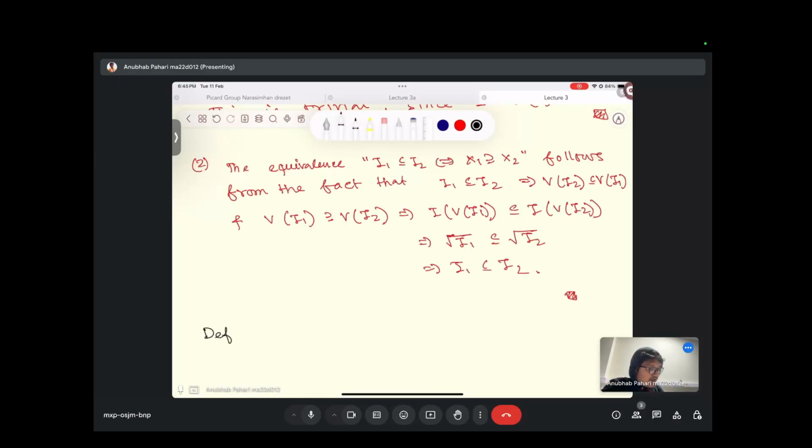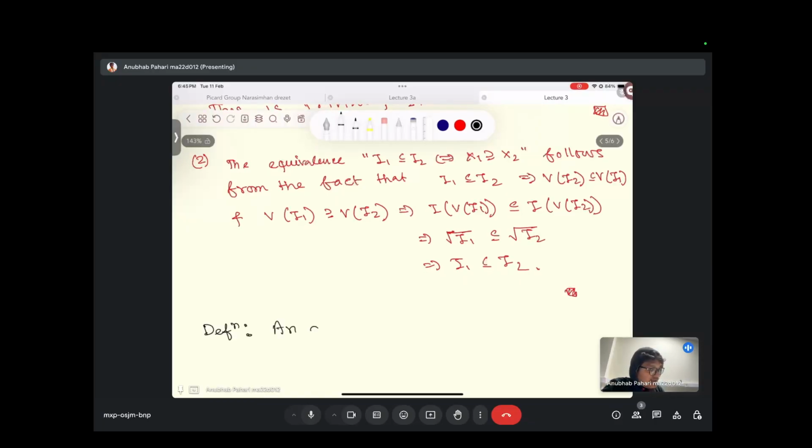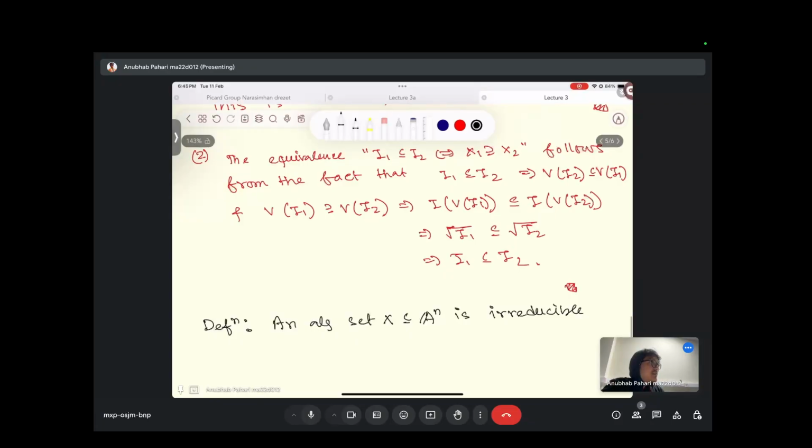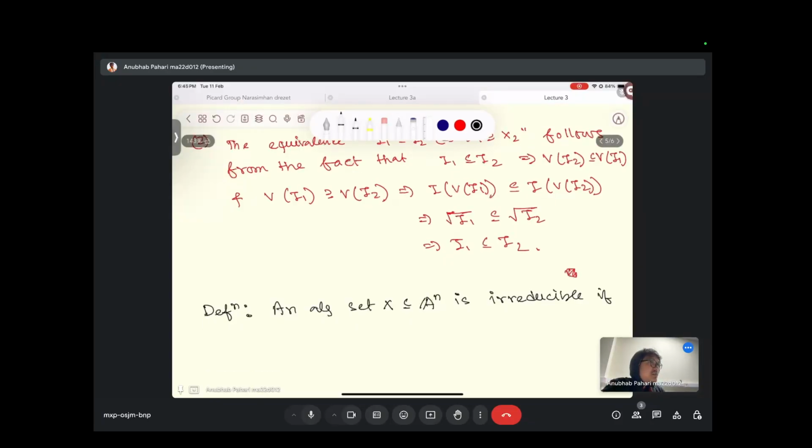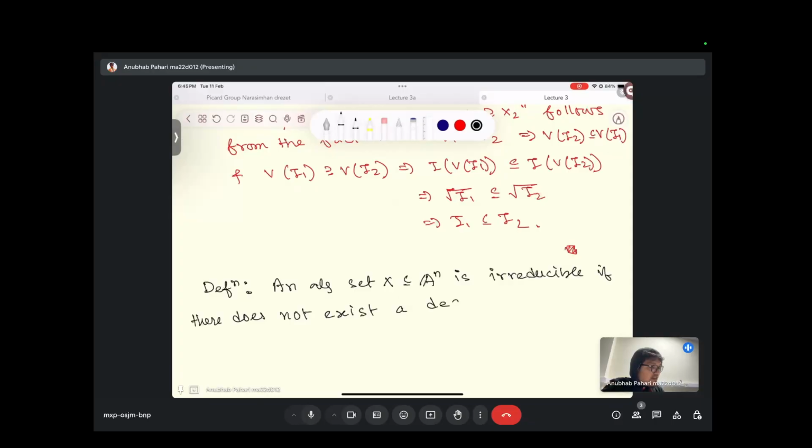So definition: an algebraic set X in A^n is irreducible if there does not exist a decomposition of X as a union of two strictly smaller algebraic sets.